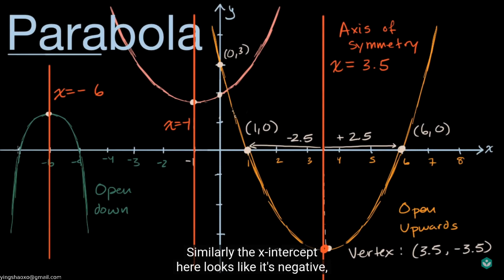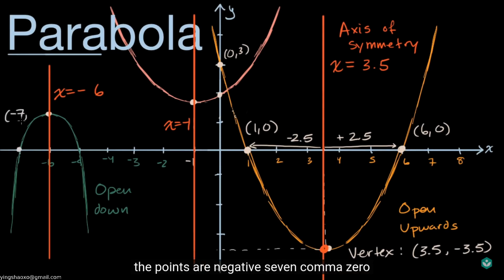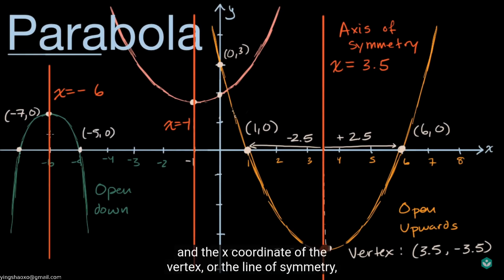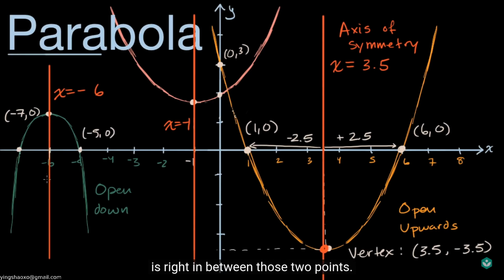Similarly, the x-intercepts here are the points (-7, 0) and (-5, 0). And the x-coordinate of the vertex, or the line of symmetry, is right in between those 2 points.